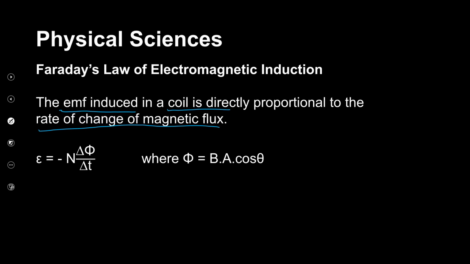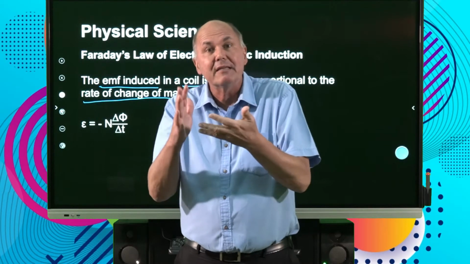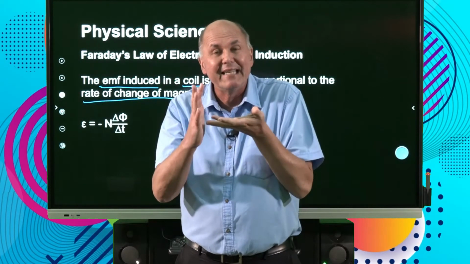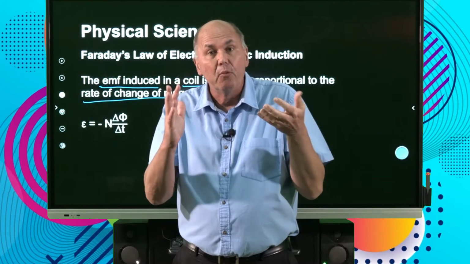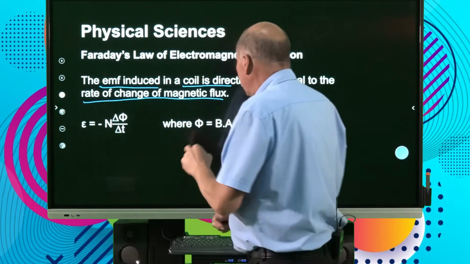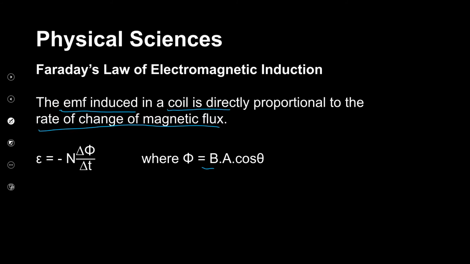Now, magnetic flux is the field passing through a perpendicular area. And we recognize that in the formula. Remember this, the field passing through an area that's perpendicular. And when we're wanting that area to be perpendicular, we correct for the perpendicularity of it by using that cos theta. And here's the equation that we're going to look at. Delta phi over delta t is going to be the EMF produced.